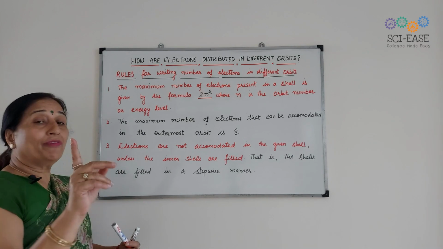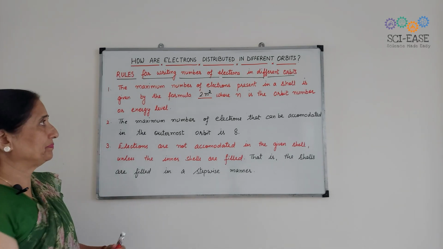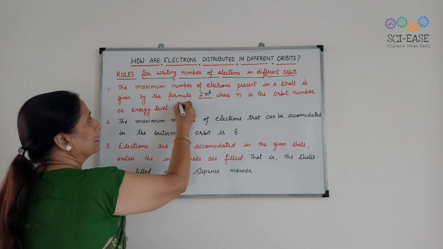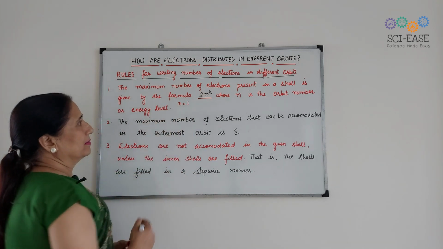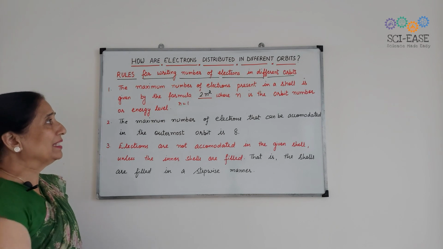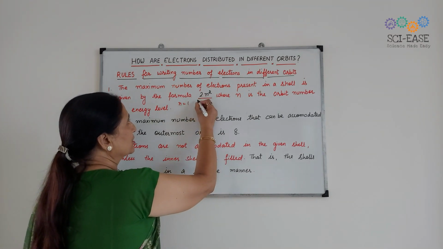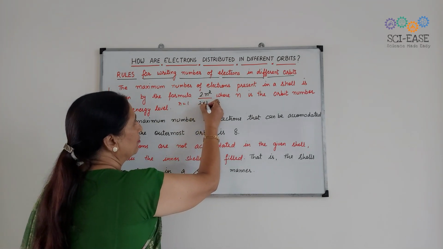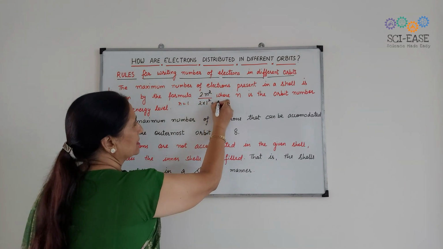So when n is equal to 1, substituting the value, 2 into 1 square, what will be the result? 2.